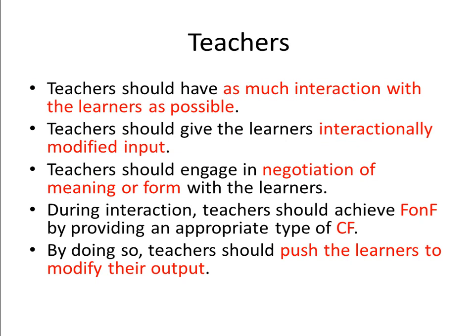And by doing so, teachers should push the learners to modify their output. So the learners should be pushed to modify their output. And then second language acquisition will take place, or at least that will facilitate second language acquisition.